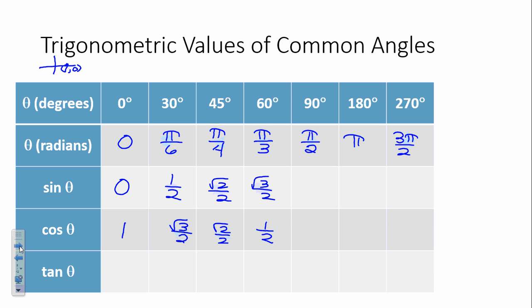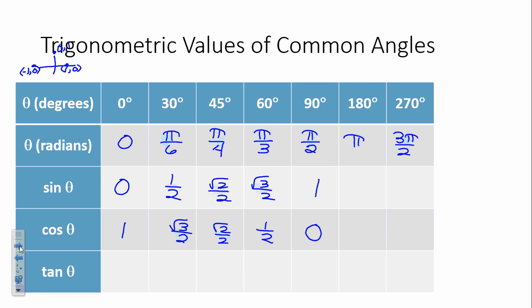Let's do these guys. At 90, we are 0 over, 1 up. So what's the sine of 90? 1. Cosine of 90? 0. These guys are flipped. At 180, we are 1 back, 0 up.